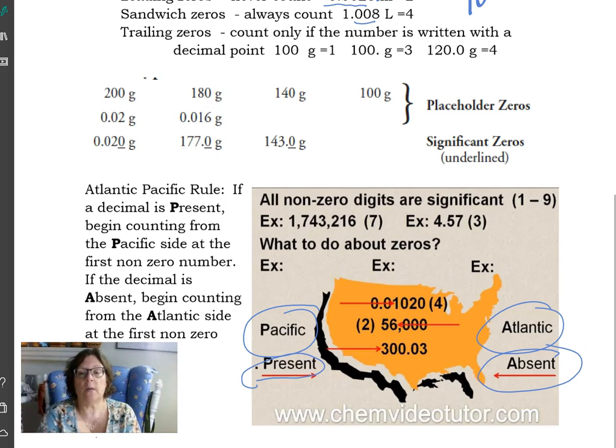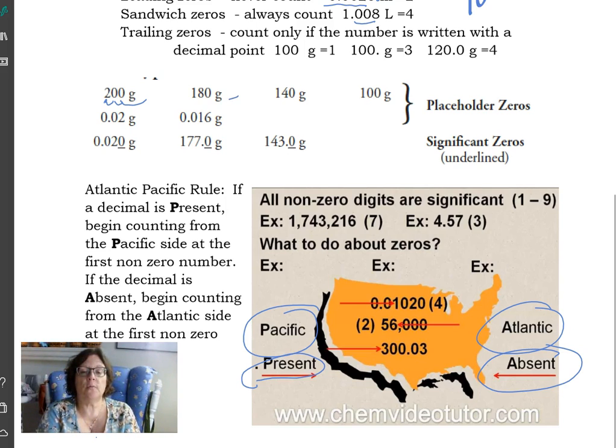So let's look up here, and we'll count in this little section. 200. Do you see a decimal there? No. So the decimal is absent. We start counting at the first non-zero. So, 1. We have one significant digit in that number, 200 grams. 180 grams.